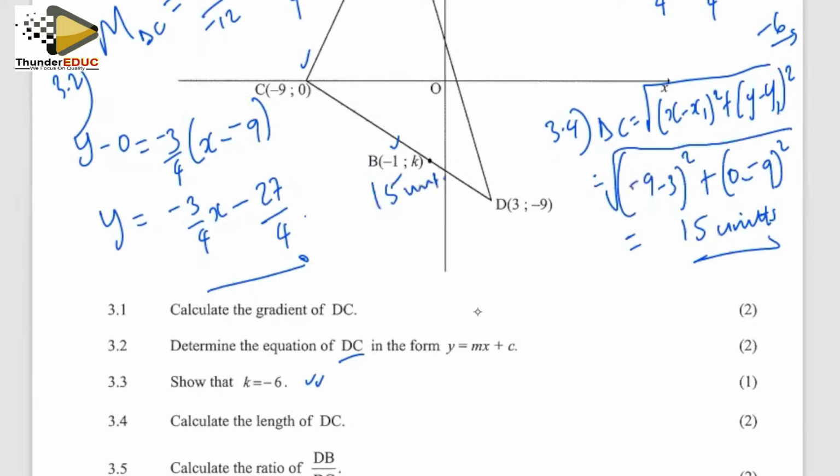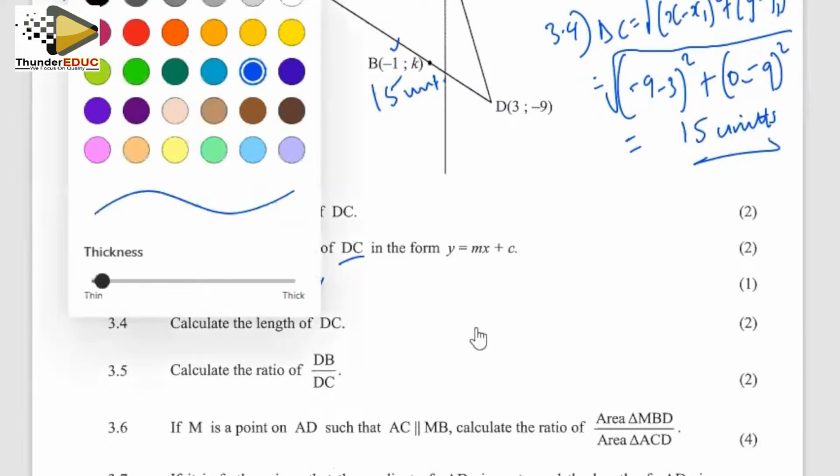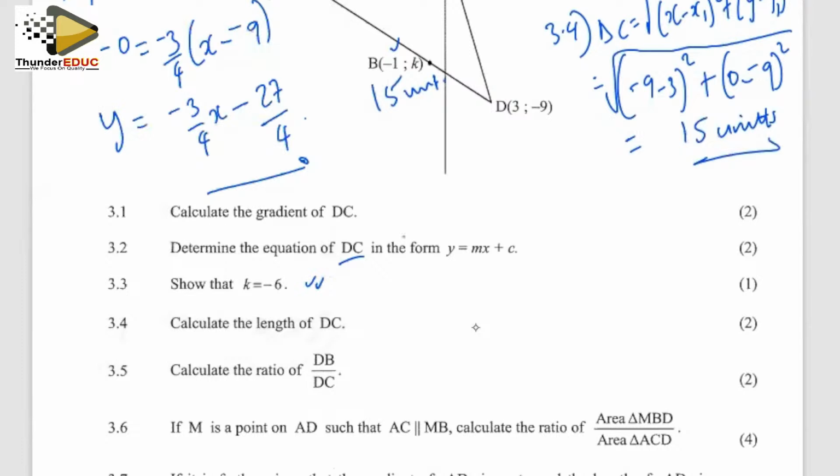All right, then 3.5. They want us to get the ratio of dB over dC. So what we're going to do, since they're talking about the ratio, dB simply represents the length, okay? But we know that that's a -1, this is a -6. So let's use, again, the distance formula to find the distance dB, okay?